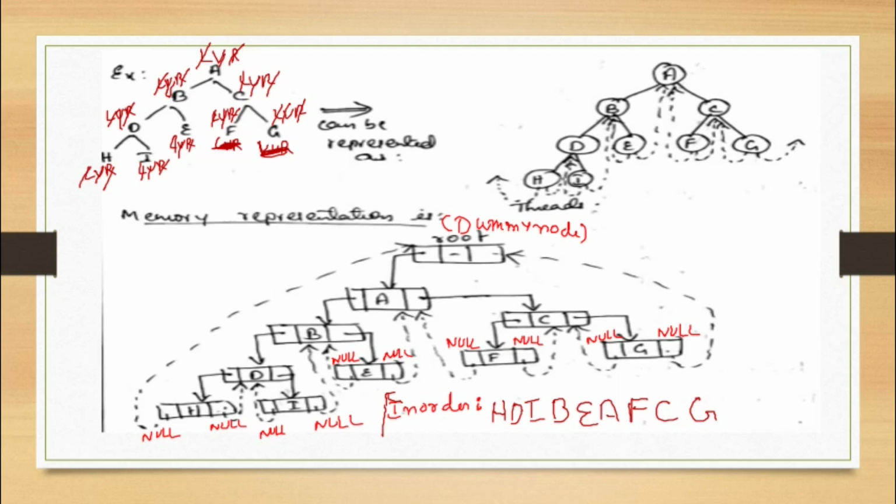So what is in order predecessor? Now, in order predecessor of I is D, and in order successor of I is B. Just write one example.